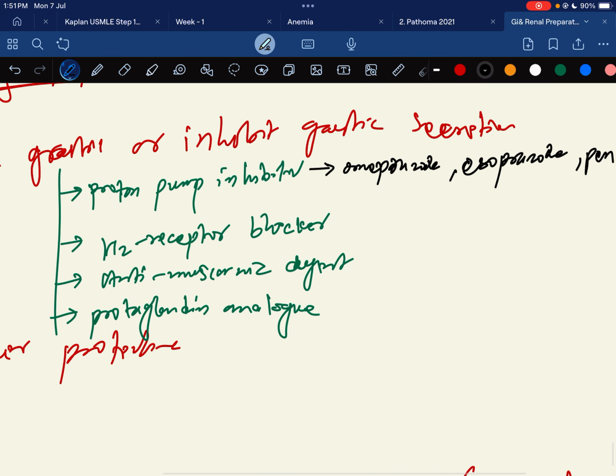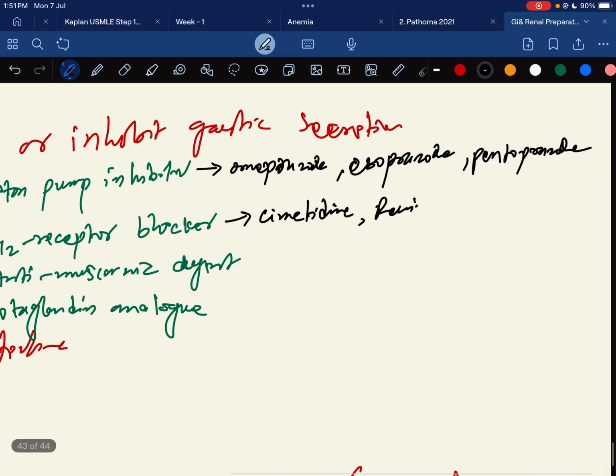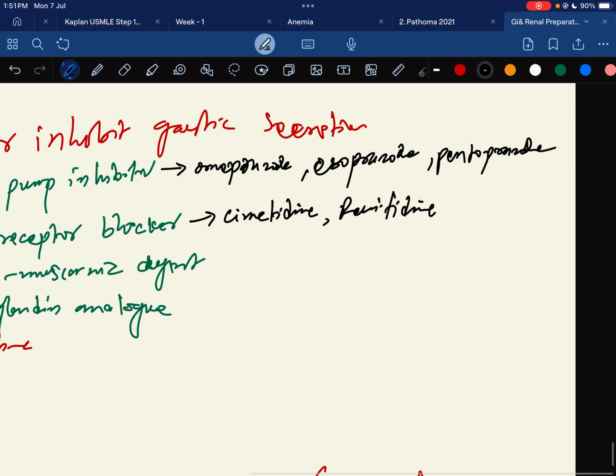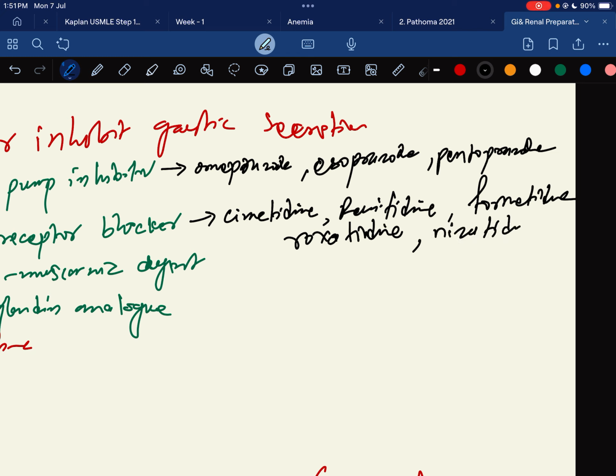Then regarding the H2 receptor blockers, there are cimetidine, ranitidine, and then famotidine, roxatidine, then nizatidine. Regarding the anti-muscarinic agents, there are pirenzepine and telenzepine.